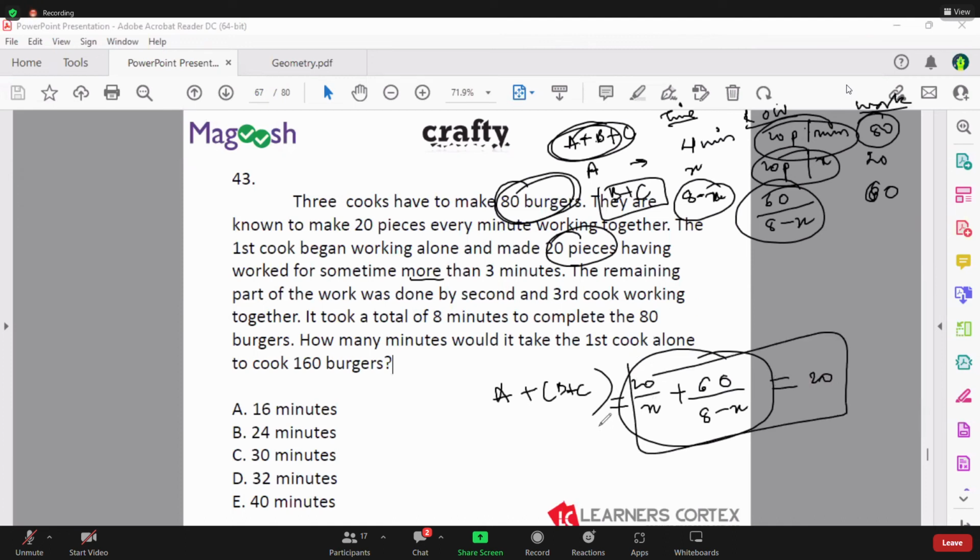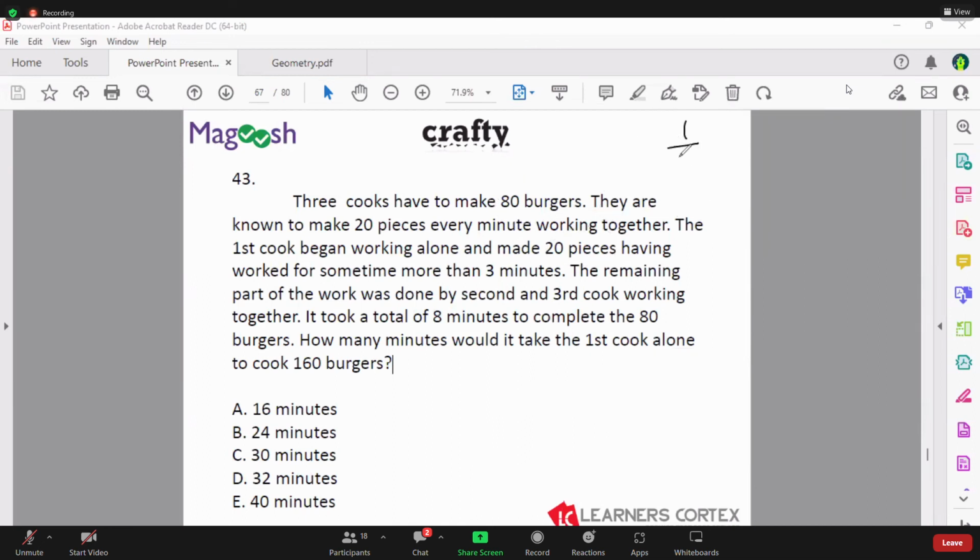Now we can solve this equation and find the value of X. First of all, we can take 20 common: 1 upon X plus 3 over 8 minus X equals 20. Now 20 and 20 get cancelled. So the equation is 1 over X plus 3 by 8 minus X equals 1.